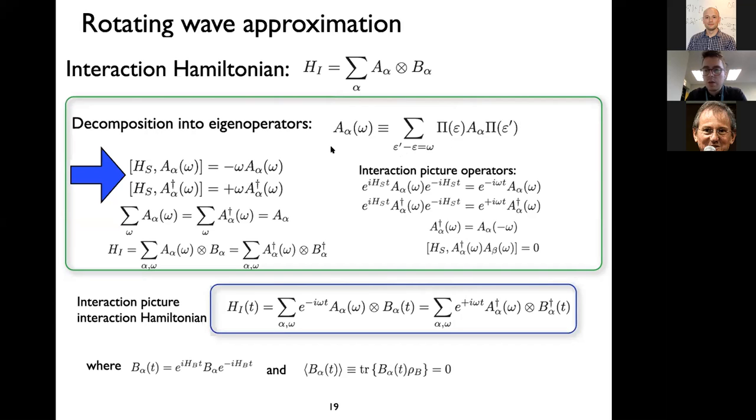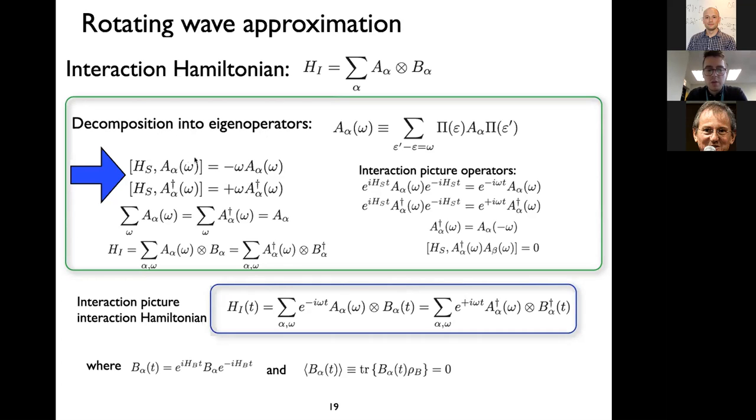The reason that we introduce this definition of an eigenoperator is that, if you recall, these eigenoperators define the Lindblad operators of our GKSL master equation. And the reason that they're called eigenoperators is that using this definition, you can show that they satisfy these eigenoperator relations.